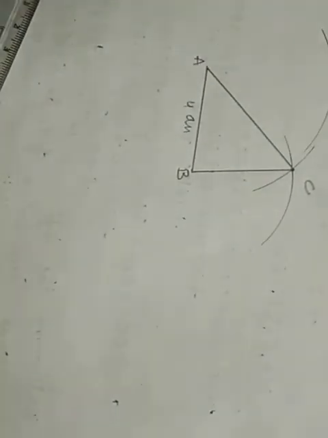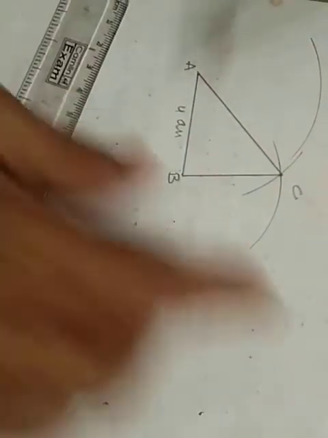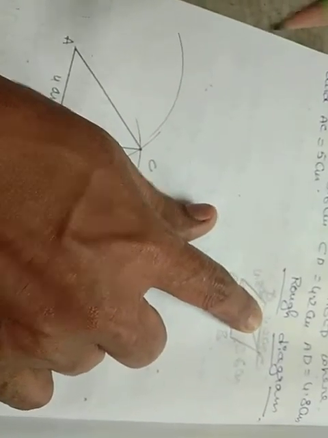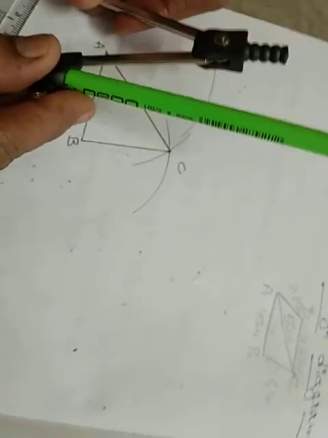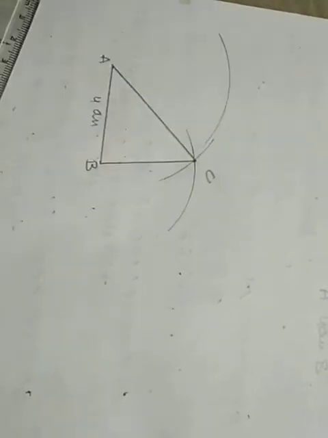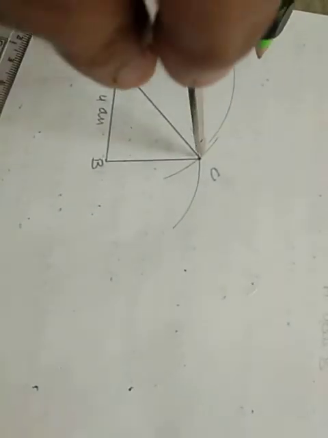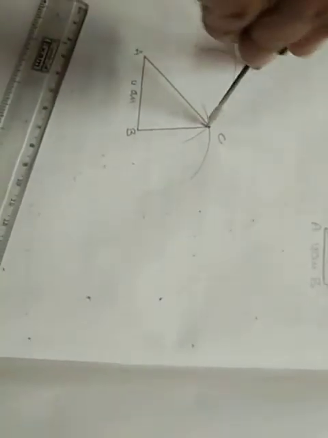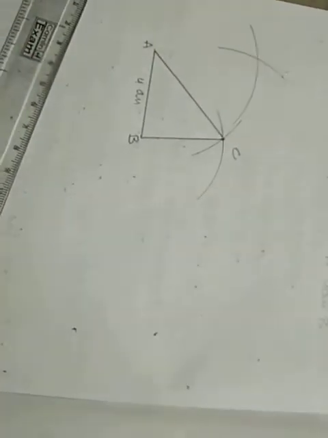Okay, this is that arc, and then taking C as center with 4.2 radius, draw an arc, and these two arcs meet at a point, and that point of intersection is taken as D.